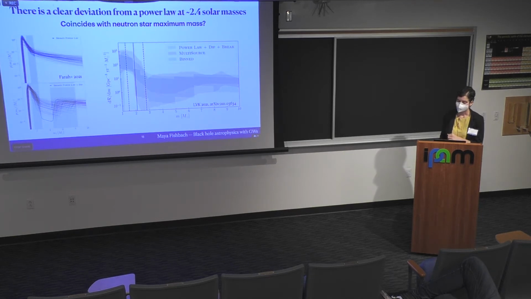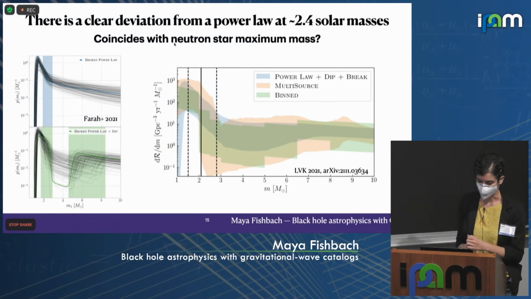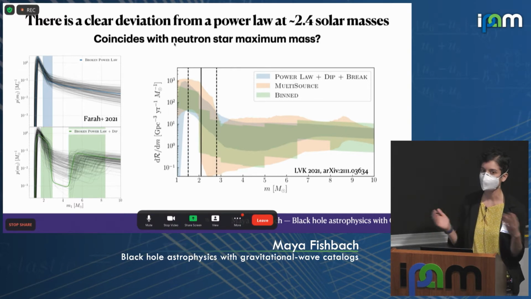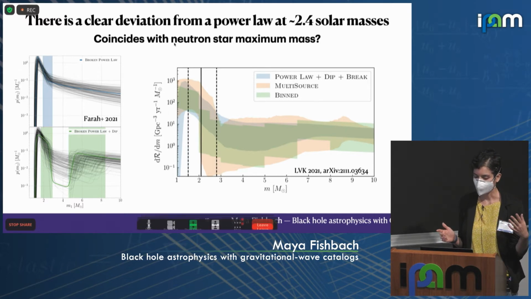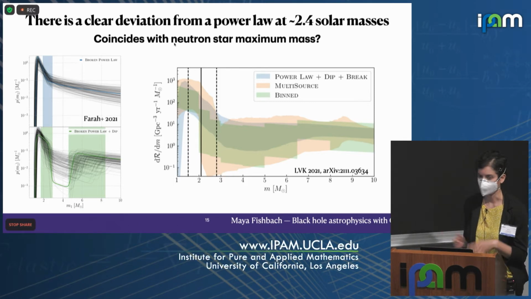And that deviation is at around 2.4 solar masses, which seems to look like where the neutron star maximum mass is from other things we know about neutron stars. So that's kind of interesting and is starting to probe that supernova explosion mechanism or the boundary between neutron stars and black holes, which also relates to very uncertain nuclear physics, right?